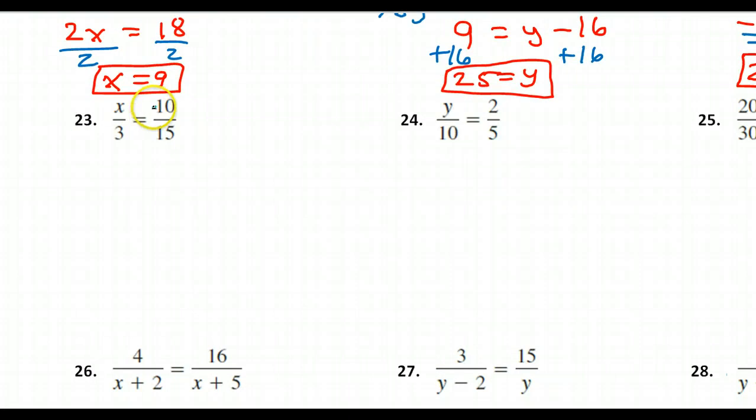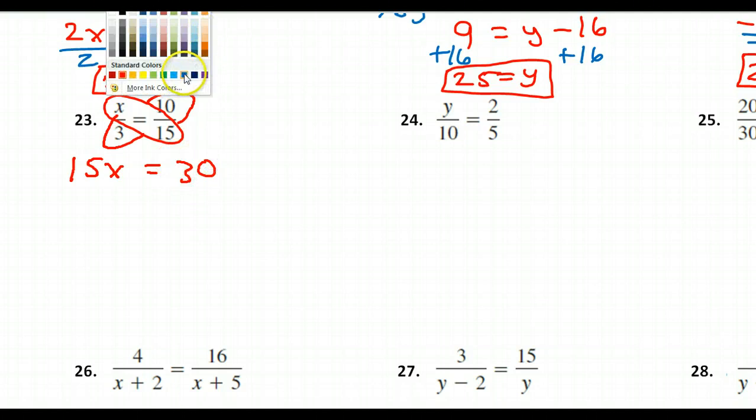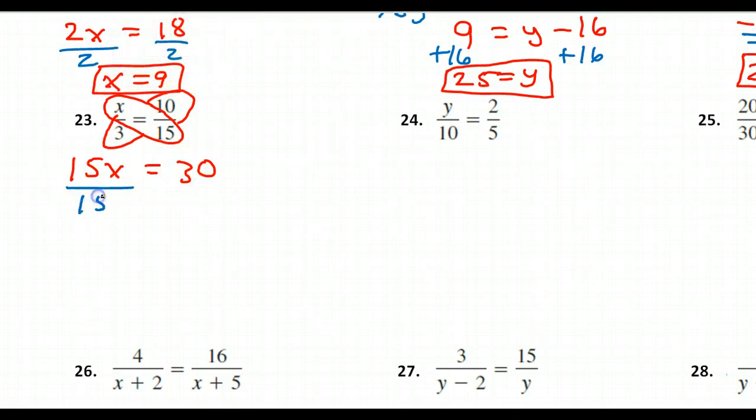All right, for 23, if I do this diagonal, that's going to be 15x. If I do this diagonal, that's going to equal 30. Divide both sides by 15. And x equals 2.